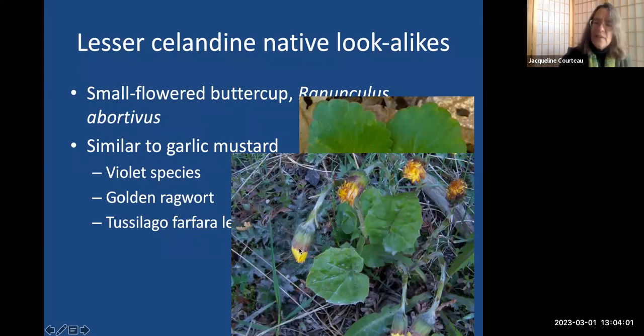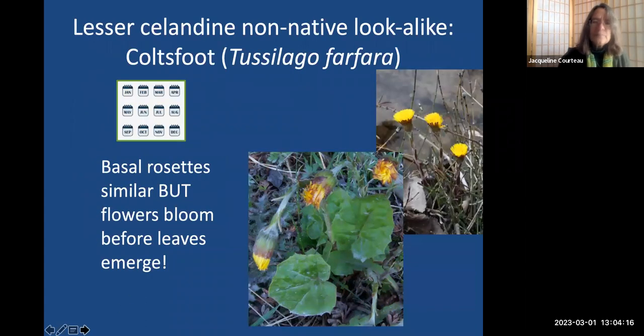But in Tussilago, the flowers actually come out before the leaves do. So by the time you find those leaves, which do look like they're in a rosette, you're going to see the dead and dying flowers. So that's going to be a really key difference. Oh, sorry. And here and there, I'll point out the phenology difference will be very key.